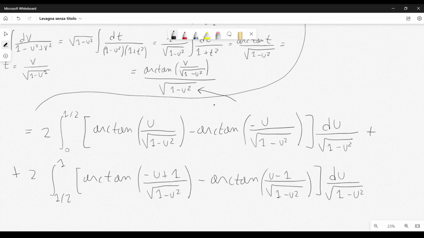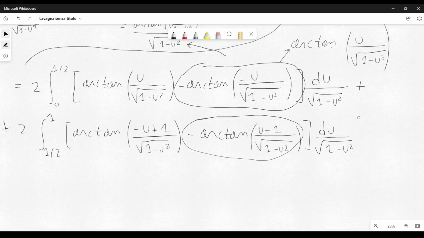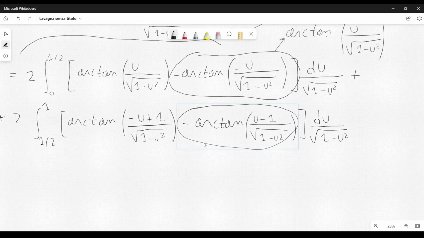Now we have 4 terms, but we can reduce these 4 terms to just 2 terms, because this term here, minus arctangent of minus u over the square root of 1 minus u squared, is just equal to the arctangent of u divided by the square root of 1 minus u squared, since the arctangent is an odd function. And similarly for this one, because this term here will just be exactly equal to this one.